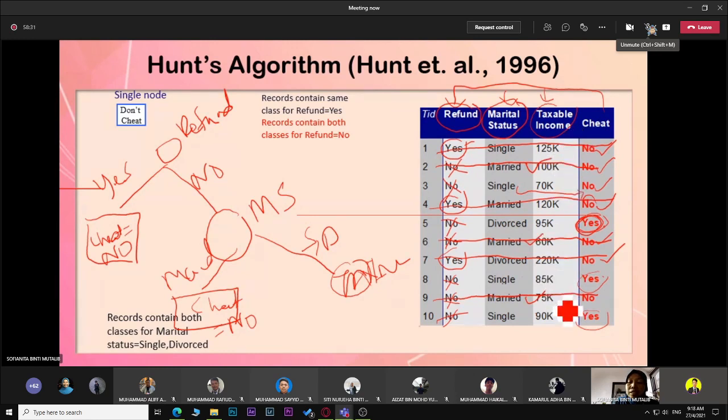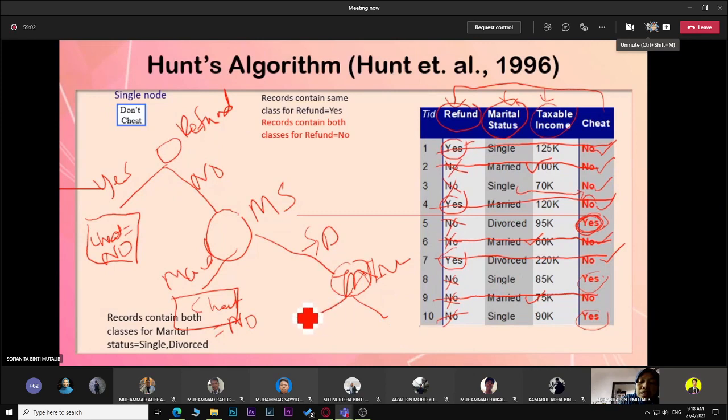Because taxable income is numeric, isn't it? So remember just now, when it is numeric, the attribute needs to be discretized, so it should have two values. If you look at the class level equal to no, that is less than 80k.